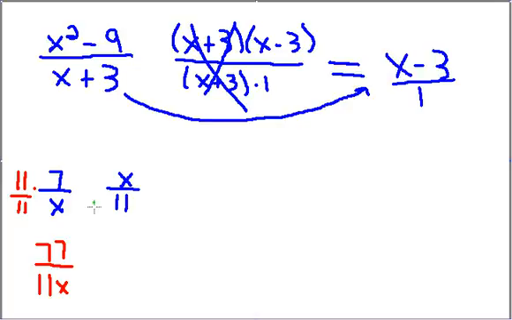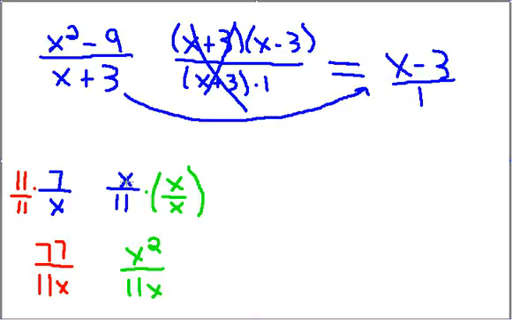Let's come to our second fraction here. What we're going to do is multiply the top and bottom by the denominator of the first one. So we're going to be multiplying by x over x, which is just 1. Now let's multiply these two fractions together. x times x is x squared, and 11 times x is 11x.